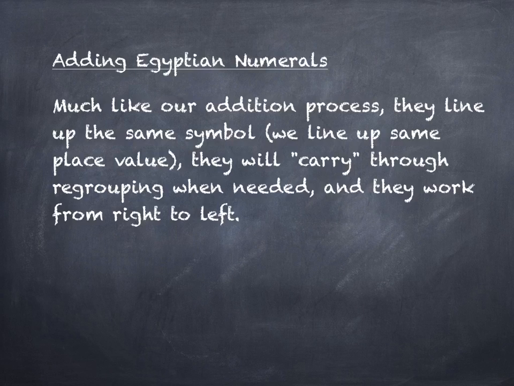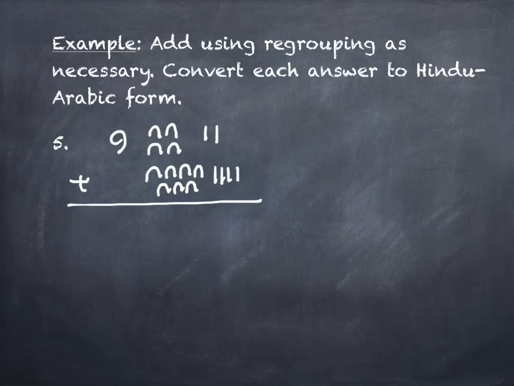Okay? Now, write that down, and then I'm going to give you a warning. All right, so the warning has to do with the directions on the next problem. This problem says, add using regrouping as necessary. Convert each answer to Hindu Arabic form. What did it tell you to convert? The answer, right?